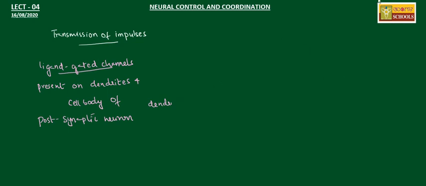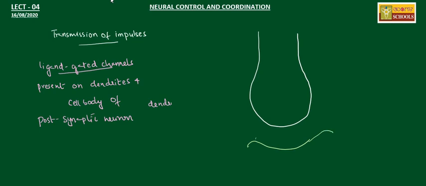We'll take a synaptic knob here, and here we have the dendrite of the postsynaptic neuron.